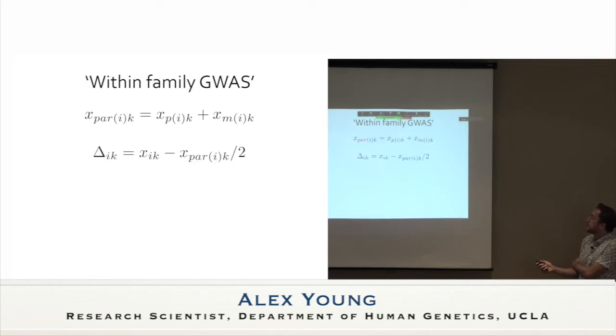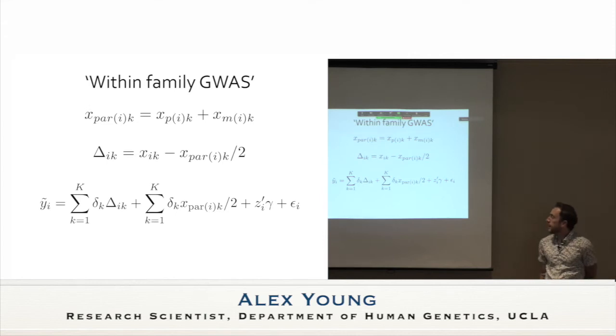If we have the parental genotype and the offspring genotype, we can compute this segregation genotype just by subtracting 1/2 of the parental genotype, the average parental genotype, from the offspring genotype. So you can compute this fairly trivially if you have the parental genotype.